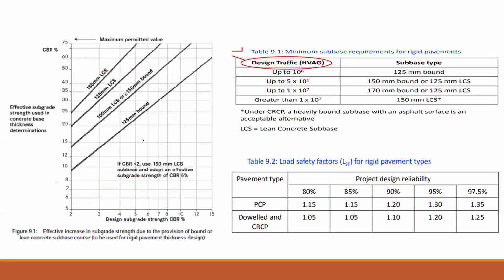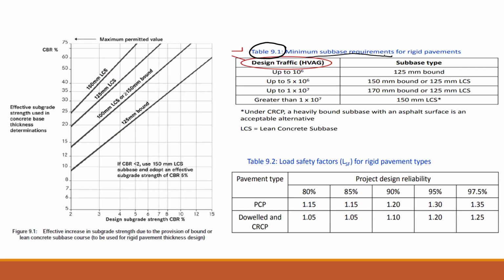Now, if you look at these tables, this table 9.1 from Austroads gives us the information about the minimum sub-base requirement for rigid pavement. Depending on our design traffic, we can find out the sub-base type that we have to use. So what is our condition? What is our design traffic?